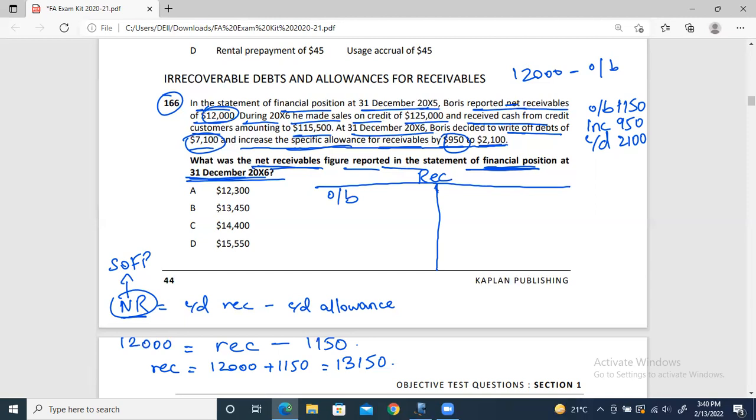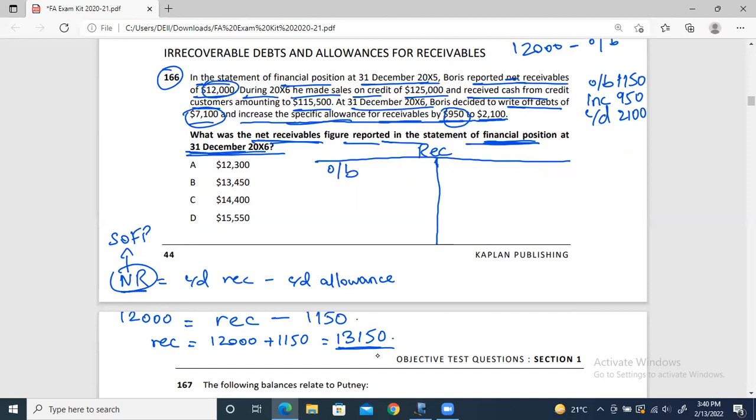So previous year it was calculated as this figure, and the normal receivable figure is 13,150. So this figure we can successfully use in this account, which is the opening balance 13,150. We are just converting the balances for the sake of the T account. Now I'm going to write the correct figures down.